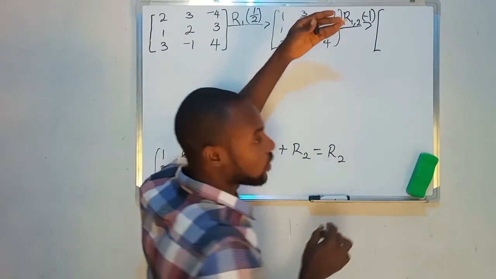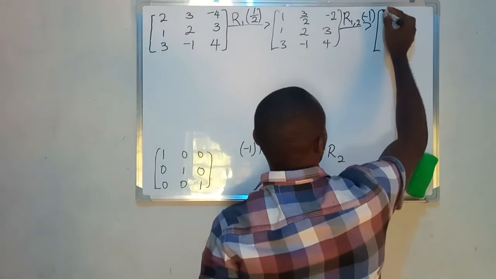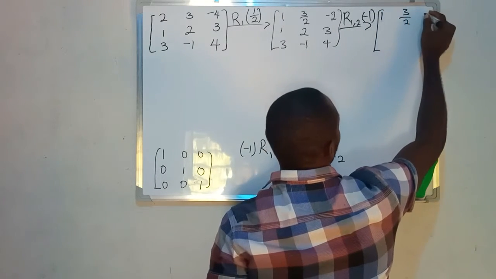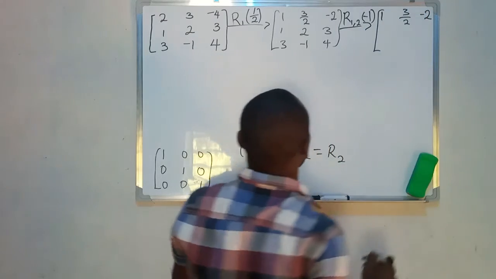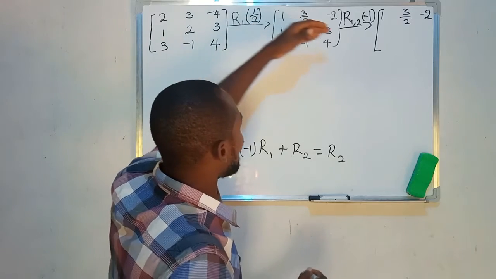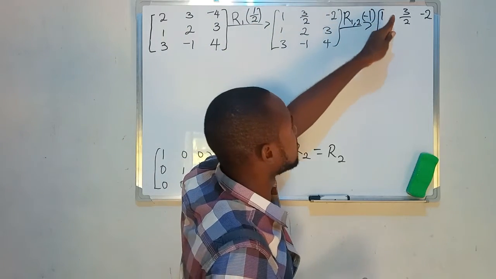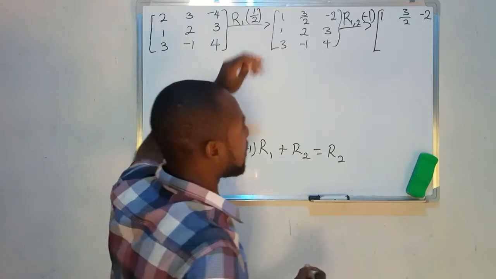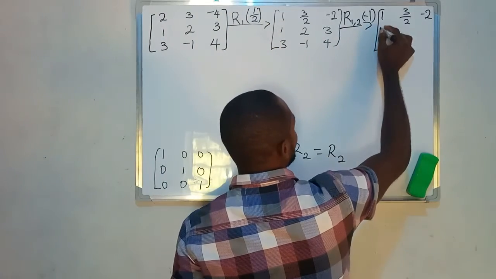the first row will not be changed, so it will still remain the same. Right, I'll have 1, I'll have 3 over 2, and then we'll have minus 2. And then using this to reduce the second row, we'll have 1 minus 1 times 1 will give us minus 1. Then if you add 1 to minus 1, we will have 0. So we'll have 0 here.